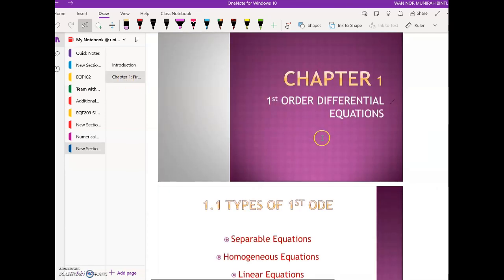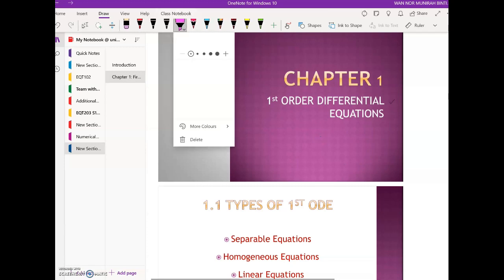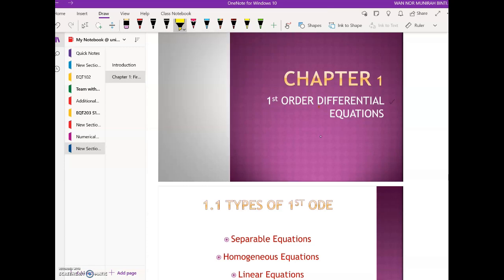Our first chapter is first order linear differential equation. Note that when we talk about first order linear differential equations, we have a differential equation where the highest derivative, or the highest order, in your equation is 1.